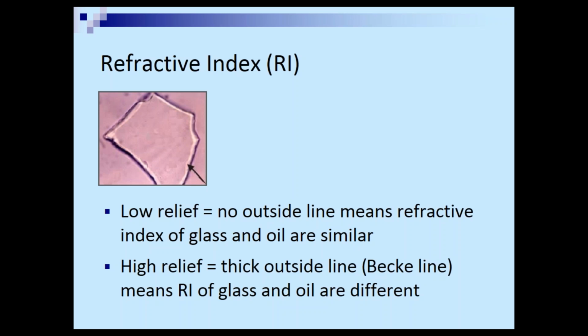But one classic way to do it, and you'll see this in some trace evidence examiner laboratories or criminalistics labs, we have a set in our lab. It's a set of refractive index oils. It's just a bunch of little bottles of oil about the size of nail polish.